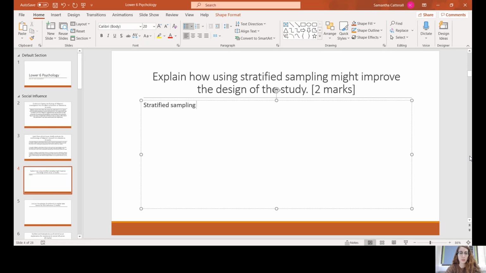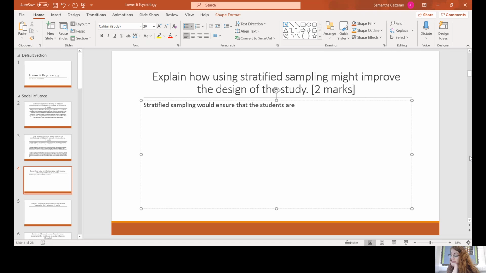Stratified sampling would ensure that the students, I'm just looking at the mark scheme actually, it's a bit vague.